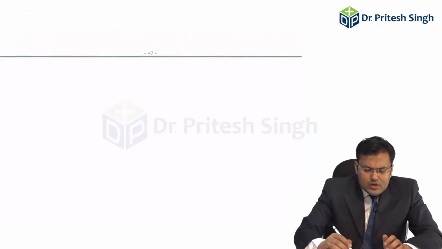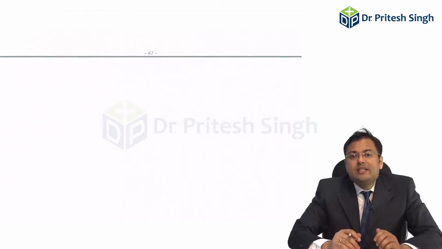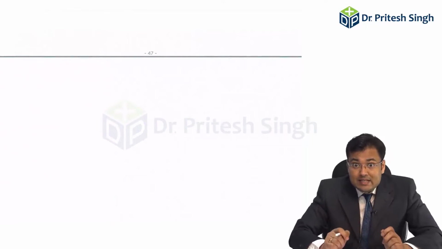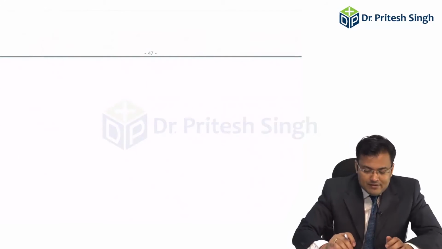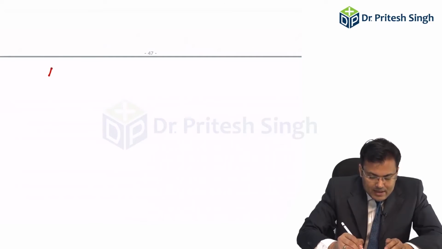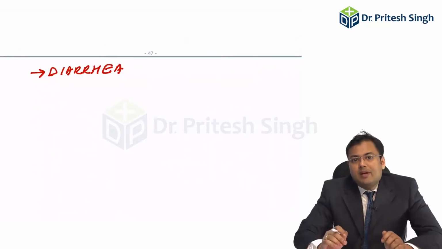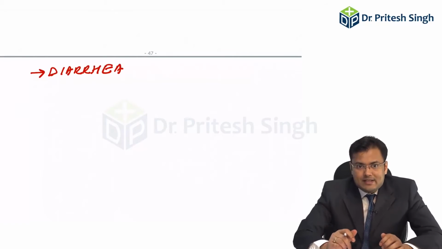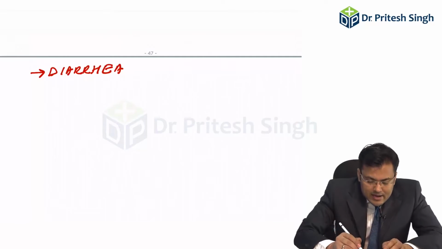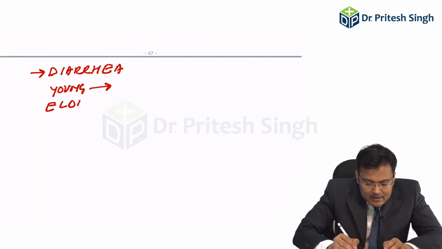After that, what is the most common GI symptom, gastrointestinal symptom in patients of Graves or hyperthyroidism, and that is diarrhea. Most common GI symptom in patients of Graves disease, diarrhea. In young patients, which symptoms are predominant, and in elderly, which symptoms are predominant?